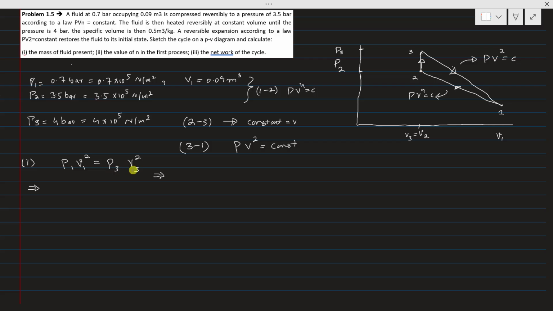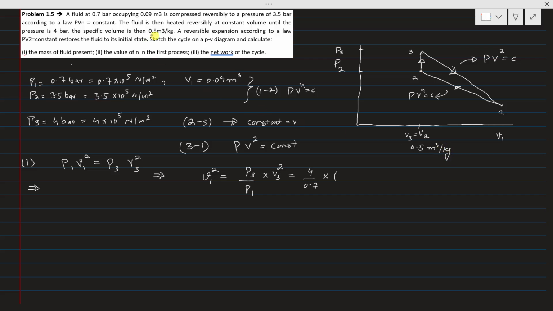Simplifying this equation for specific volume v1, the specific volumes v2 and v3 are given and it is 0.5 meter cube per kg.